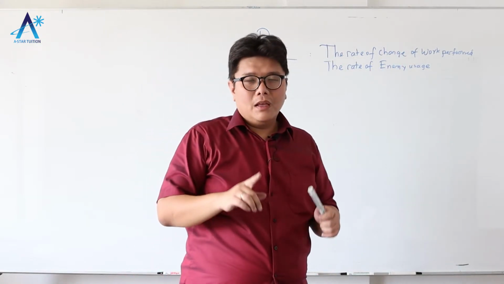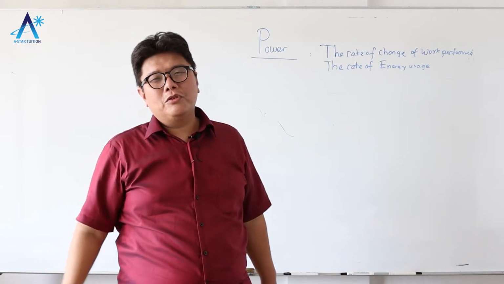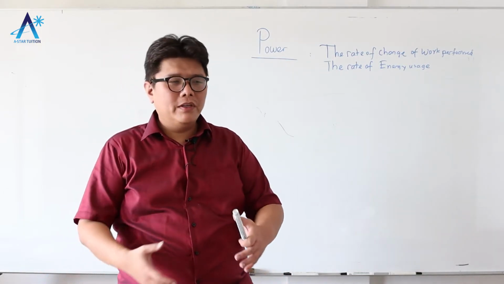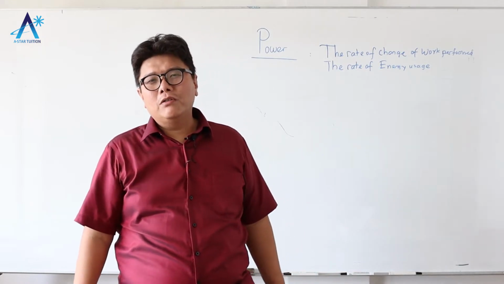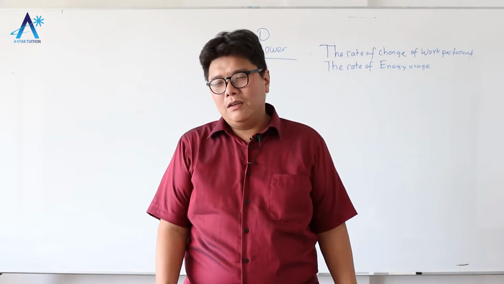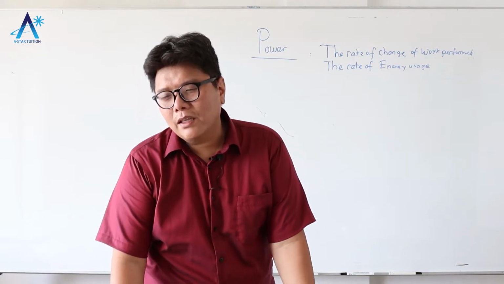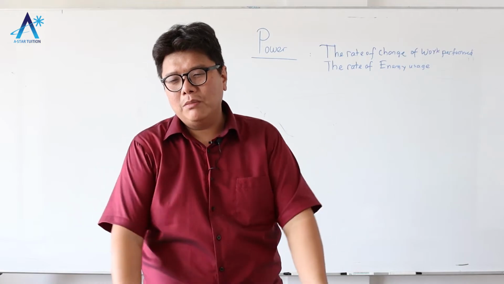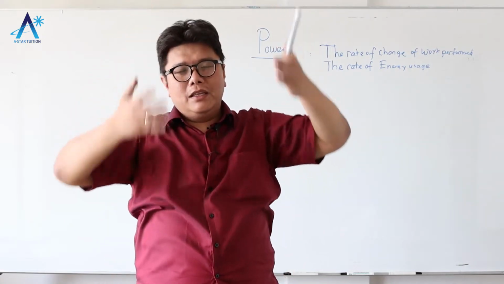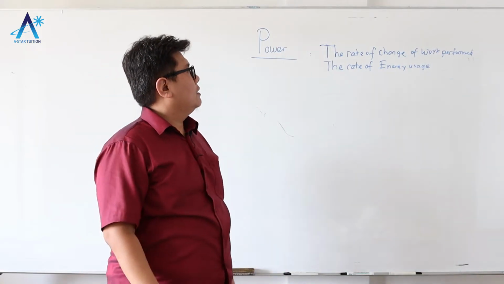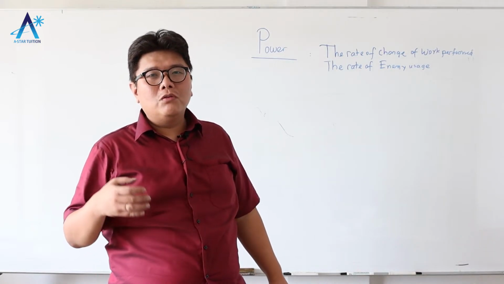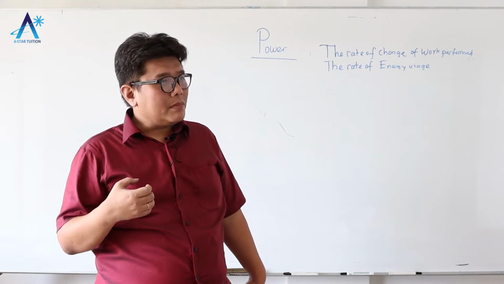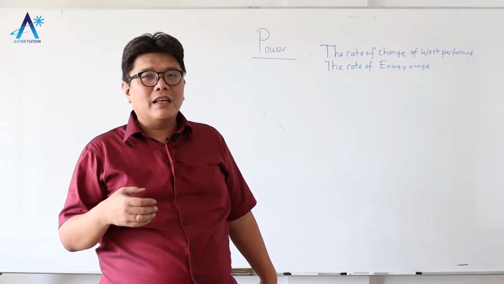So, for example, if you try to lift a very heavy object, let's say from the ground until 1 meter height, or maybe 2 meters height from the ground. The thing is that when you do that, you need to use that energy relatively fast.